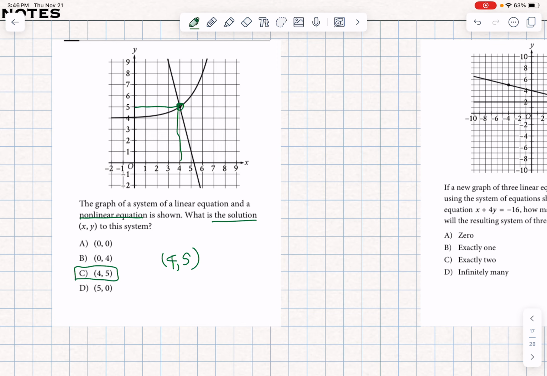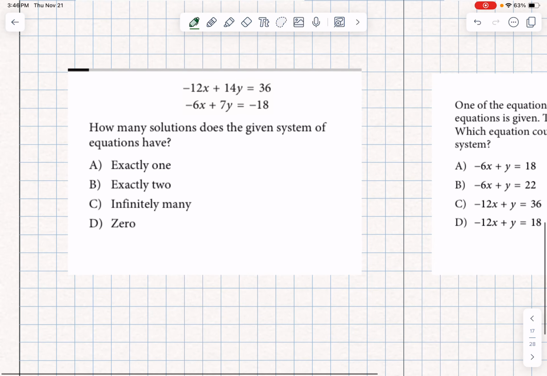Another question: if they give two equations of lines, how many solutions does the given system of equations have? Let's change each to slope-intercept form. First, negative 12x plus 14y equals 36.